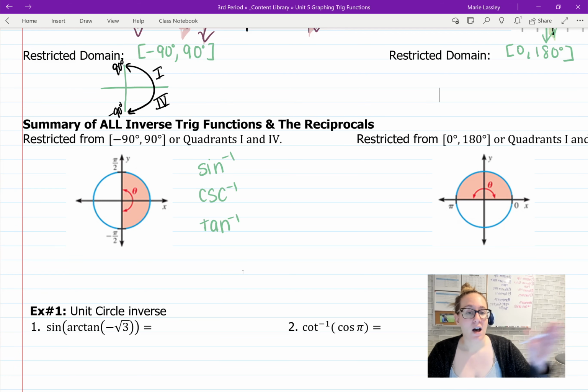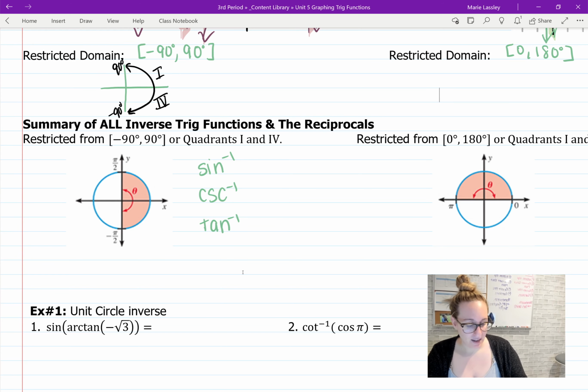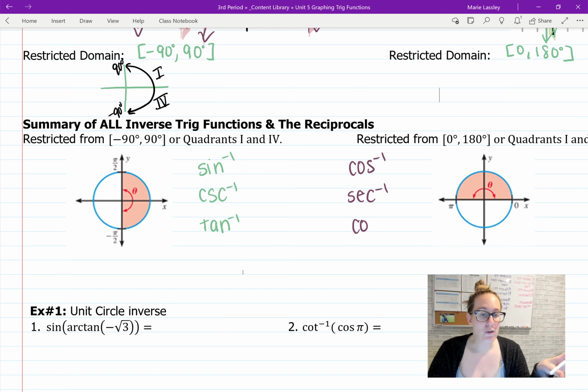The other option is having the restricted domain from 0 to 180, meaning we're pulling values from quadrants 1 and 2 when we do inverses. On that side, that's going to be our inverse cosine, our inverse secant, and our inverse cotangent. All of those inverses pull from quadrants 1 and 2 on our unit circle.